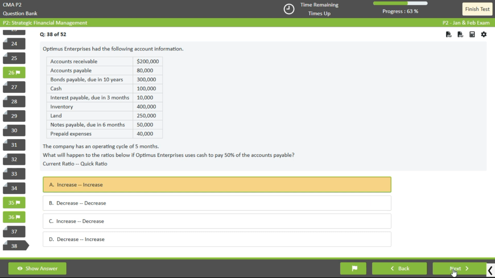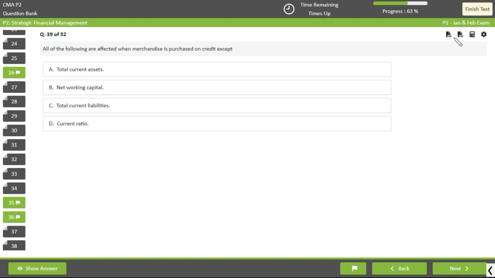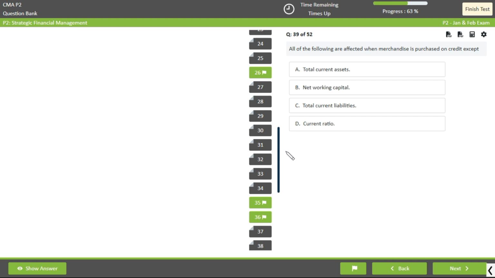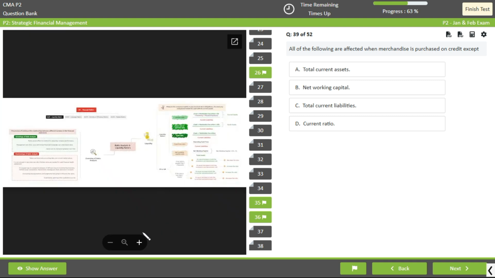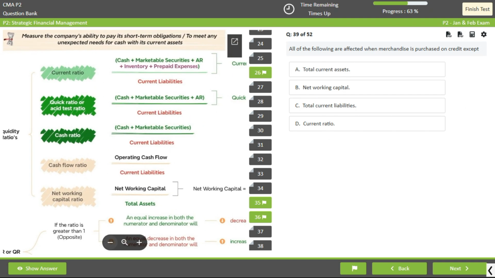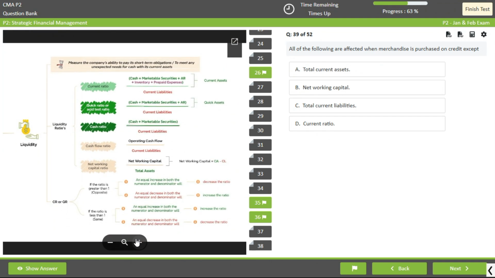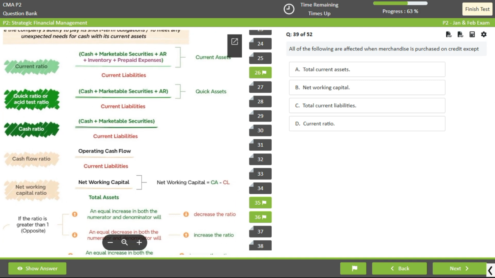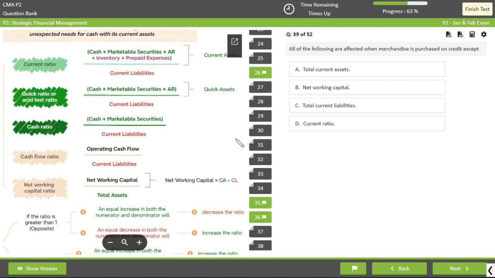Now what do we have next? Let us open the PDF. All of the following are affected when merchandise is purchased on credit.